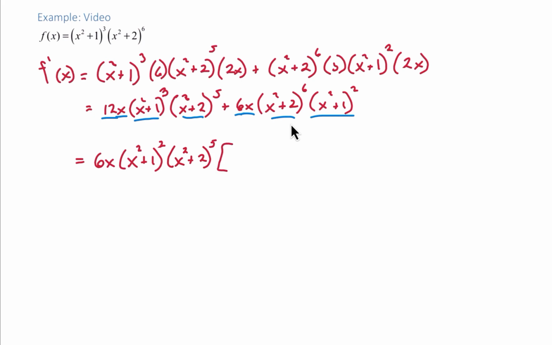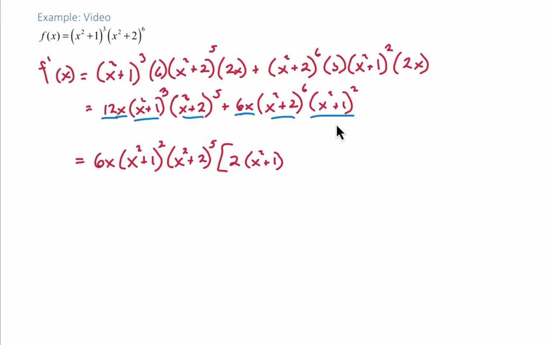And now we have to see what's left over after we factor out the GCF. So we pulled out 6x from the first term. There's a 2 left over. We pulled out x squared plus 1 twice. There's 1 left over in the first term. We pulled out x squared plus 2 5 times, so we pulled that entirely out of the first term.